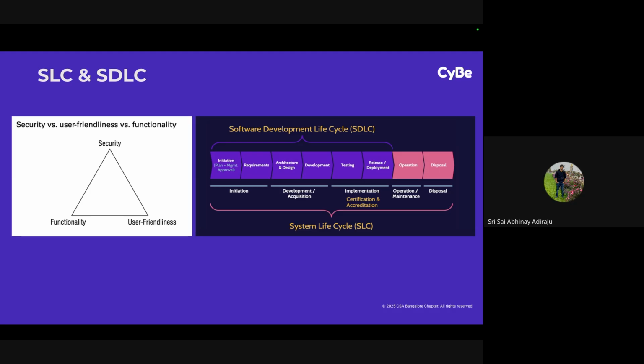For example, you all know SDLC has multiple stages where you initially start planning, right, and understanding what needs to be built, and then you start gathering requirements from different stakeholders, different personas.